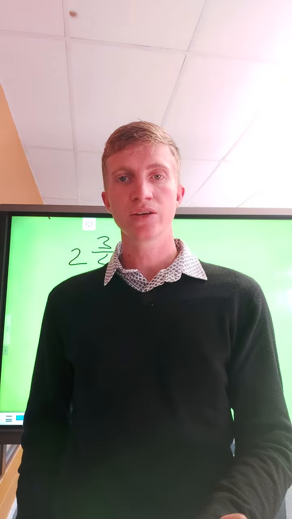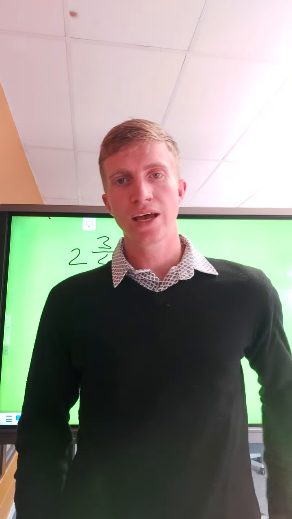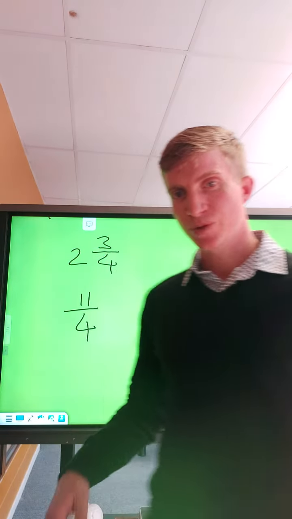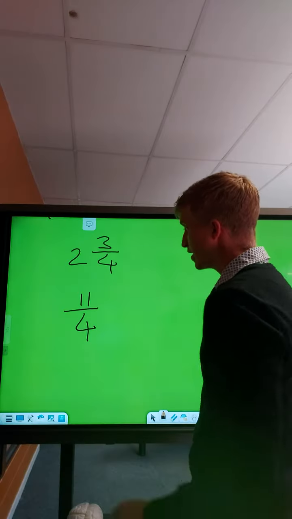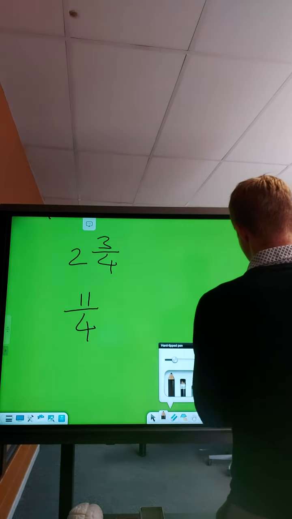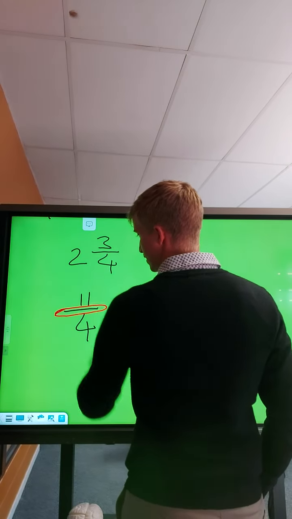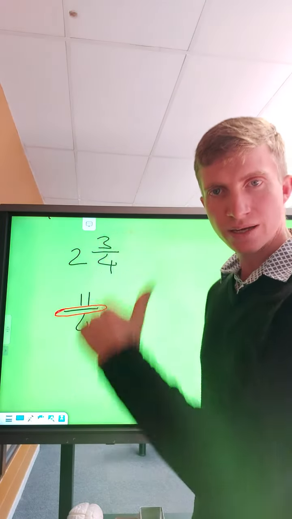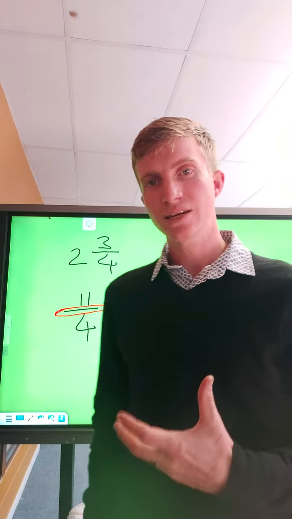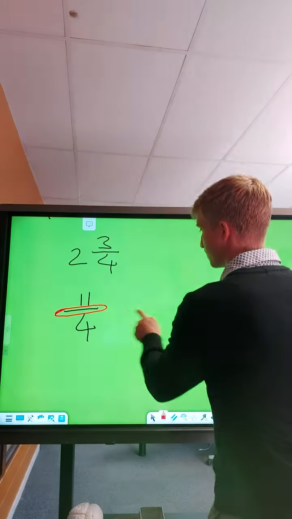So there's something I can do to turn that into a mixed number. To turn it into a mixed number, I've told you guys that this little line, the line between the fraction, actually means divided by.